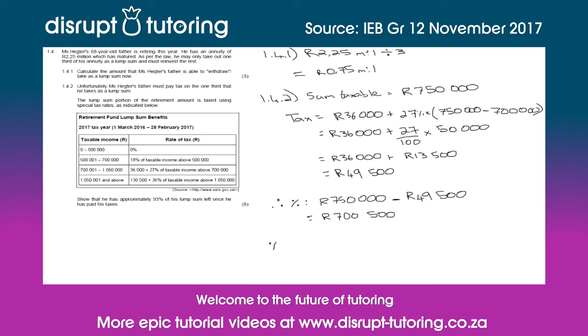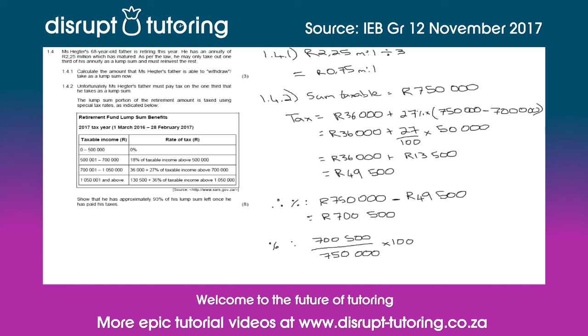We need to then find the percentage of this. The percentage of the total will be 700,500 divided by the total that we had, which would be 750,000, times 100 to get it as a percentage.